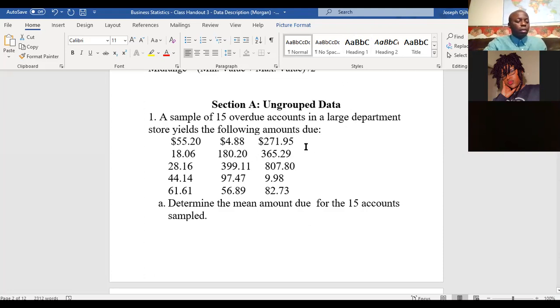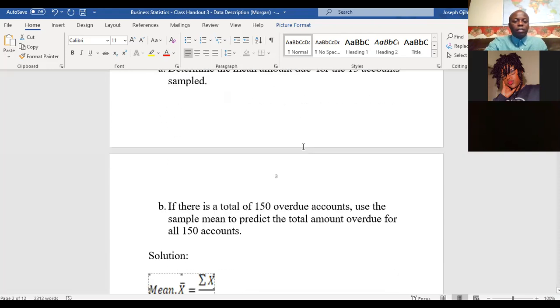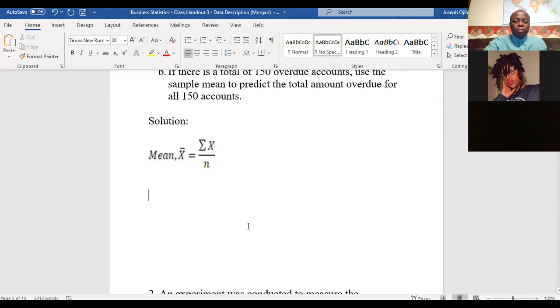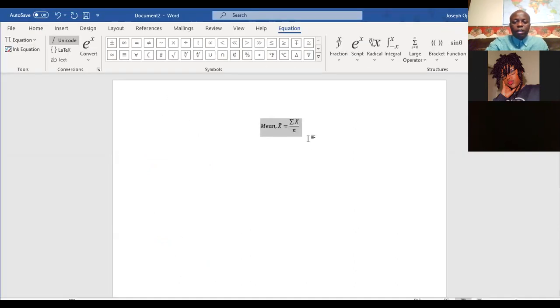Okay, so we have it here. Taking you to the other workbook before we can transfer this to the main workbook. This means that we have to add everything.